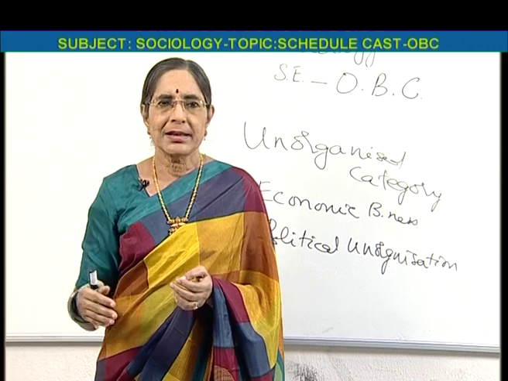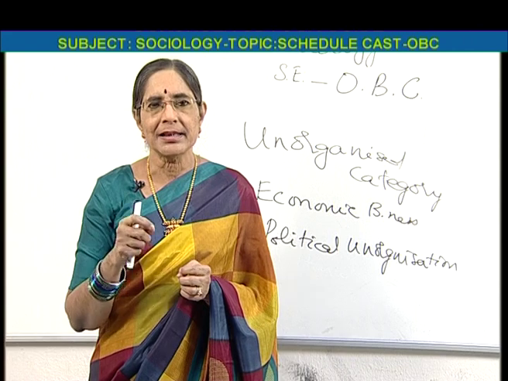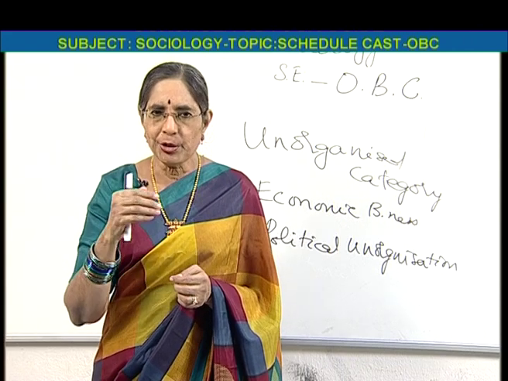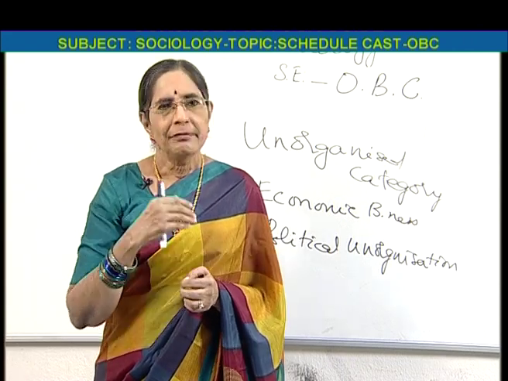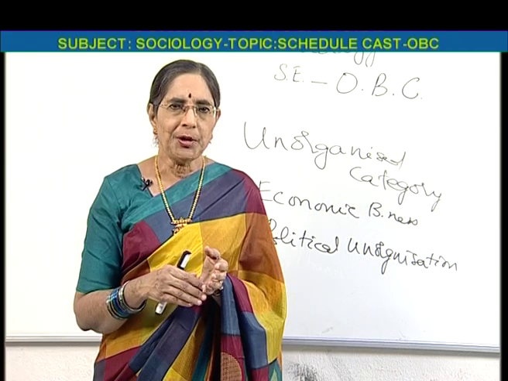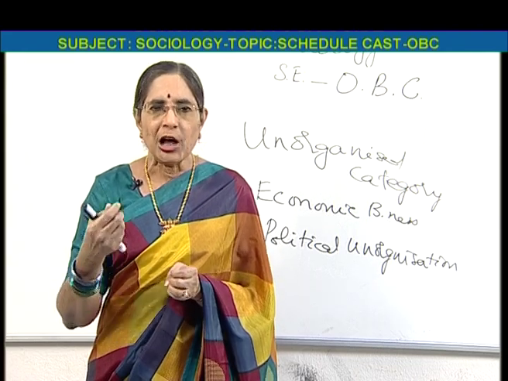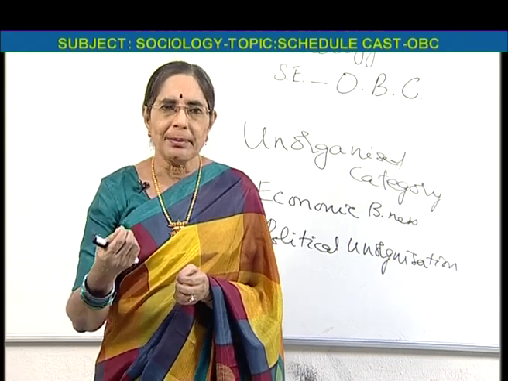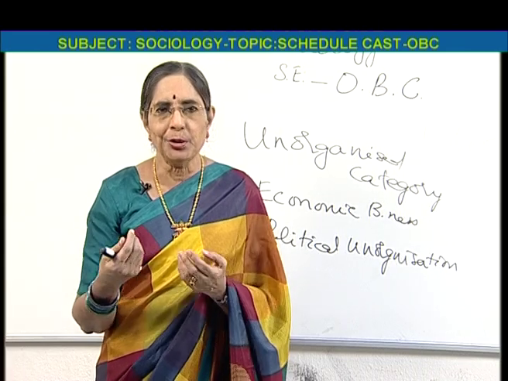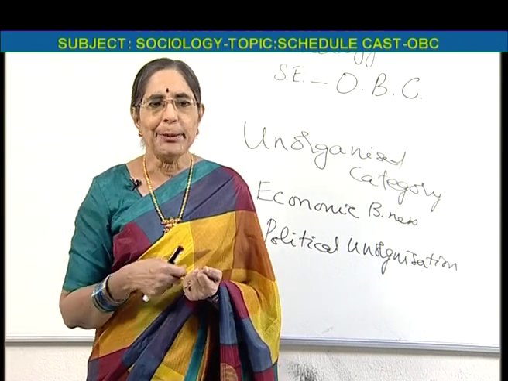But all these were trying to identify backward classes and castes within their own states. When these committees submitted their reports, the government felt that there is a need to identify how many caste communities are backward. Unless and until we know how many are backward, it is not easy to prepare any policy.